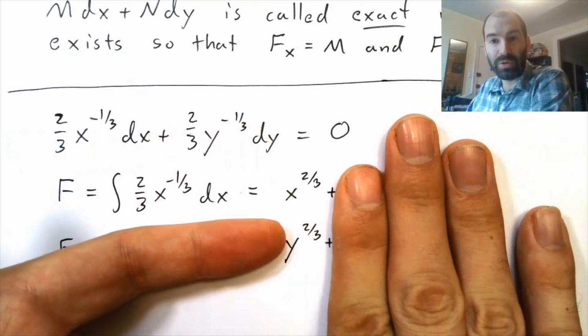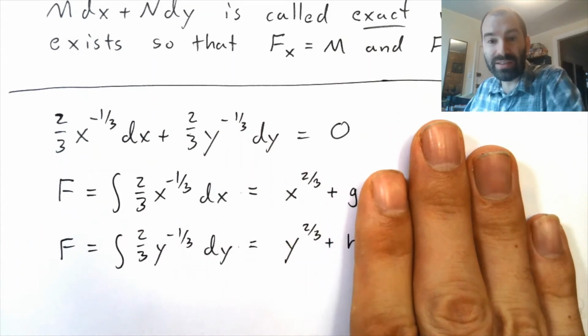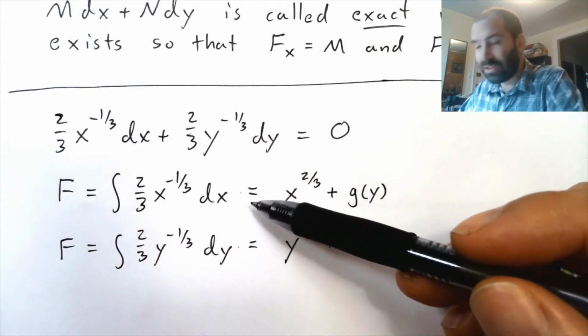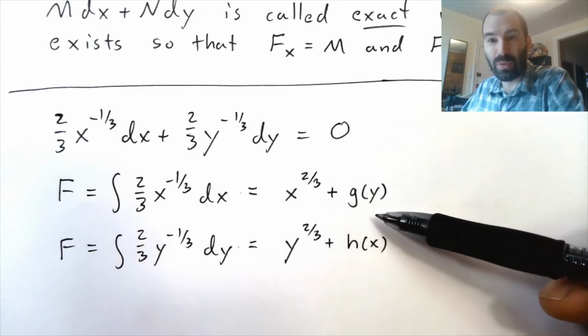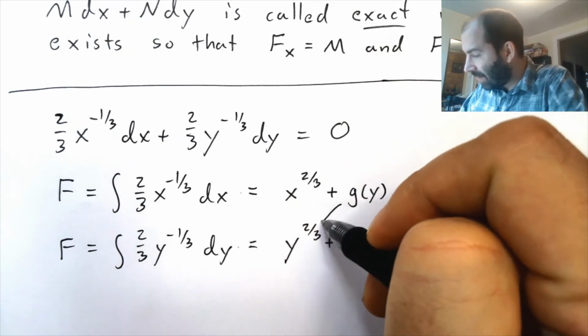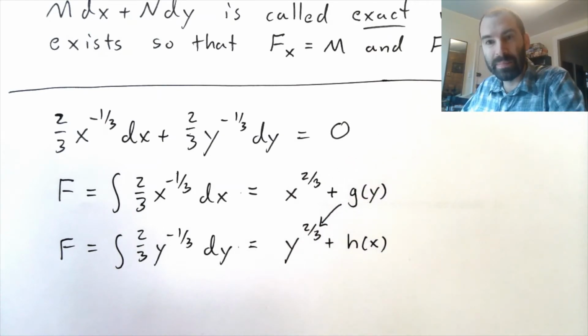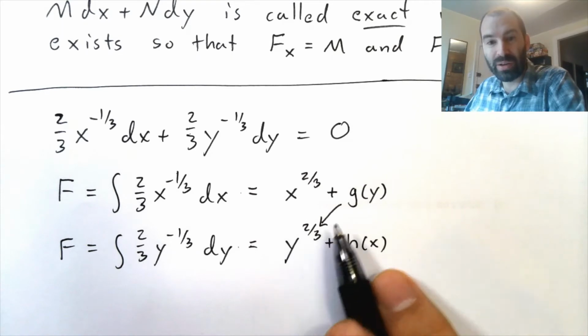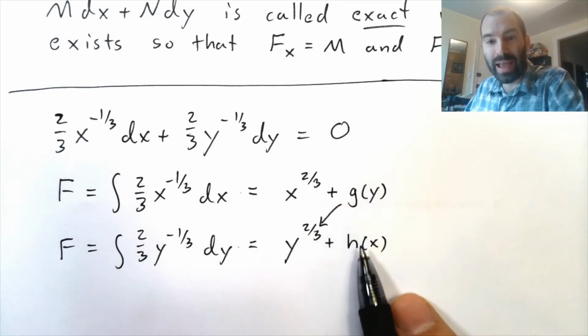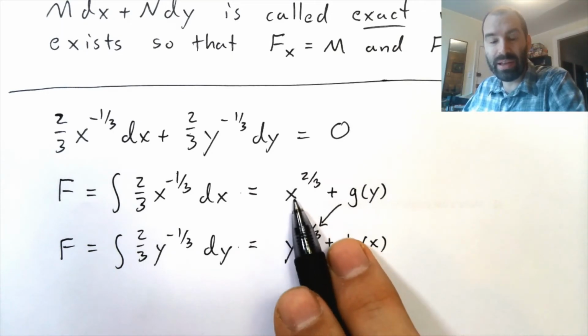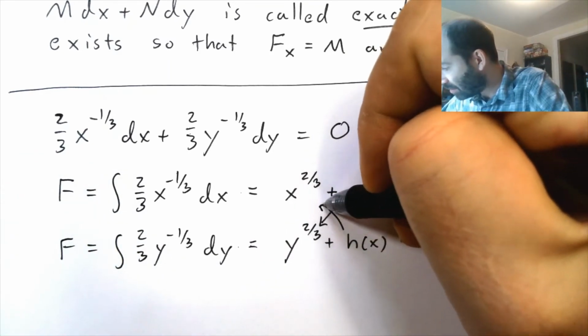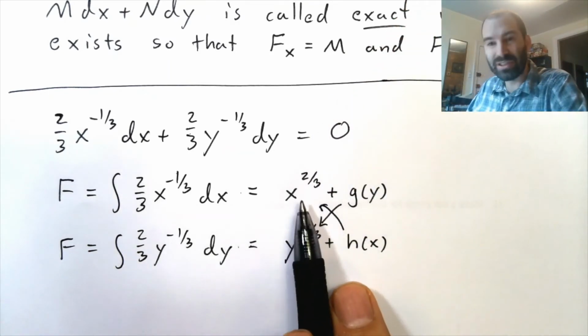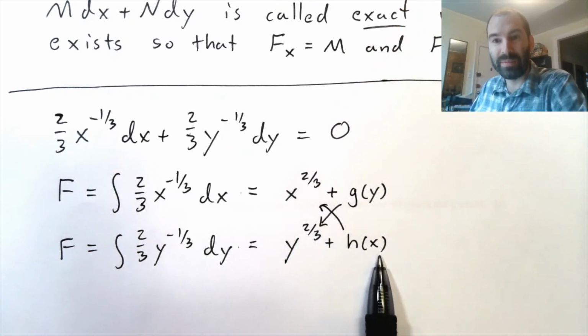And look, they don't. However, because with this one we're allowed to have any function of y here, that can accommodate that. This is the function of y that we're talking about here. And this h of x can accommodate the x to the 2/3. That's the function of x that I was talking about here.